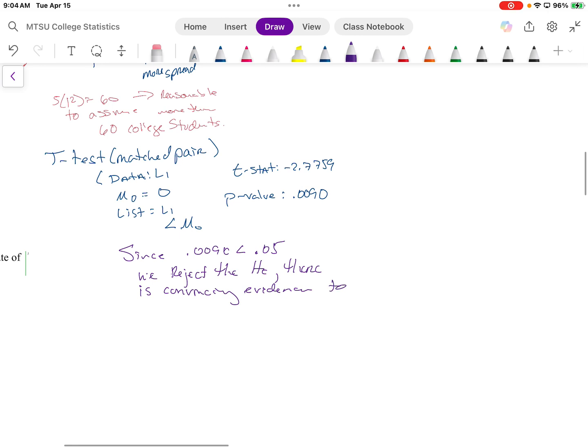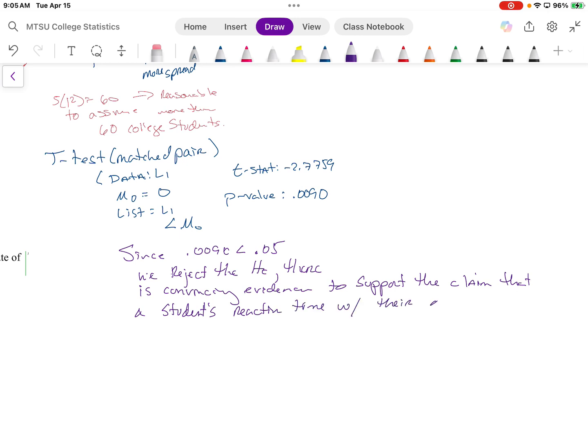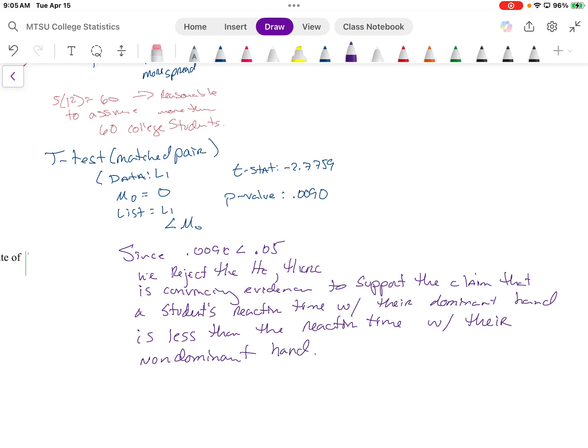There is convincing evidence to support the claim that a student's reaction time with their dominant hand is less than the reaction time with their non-dominant hand. I'll give you a chance to make sure you get that there.